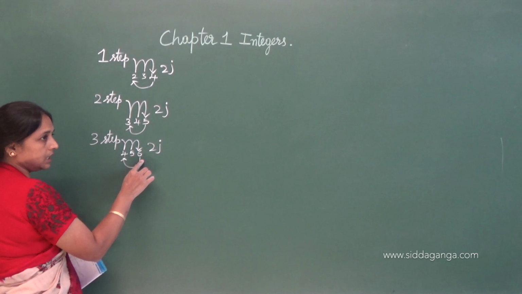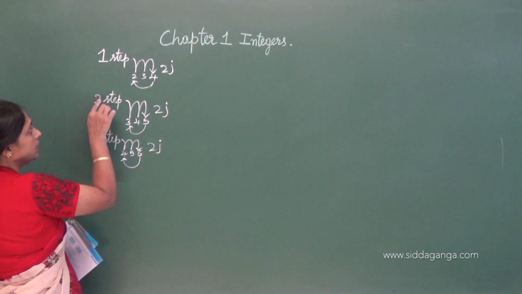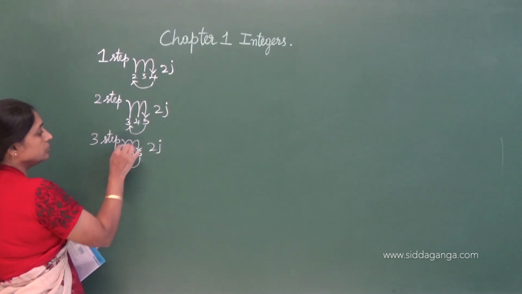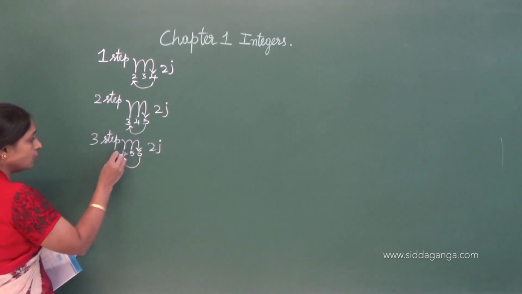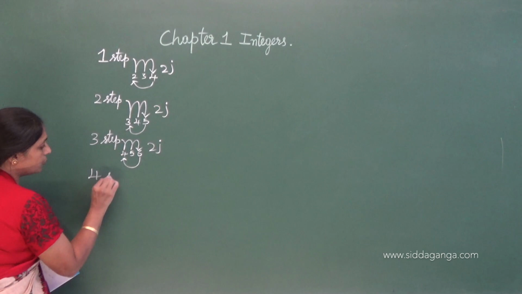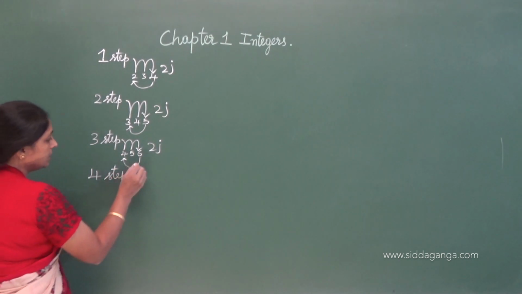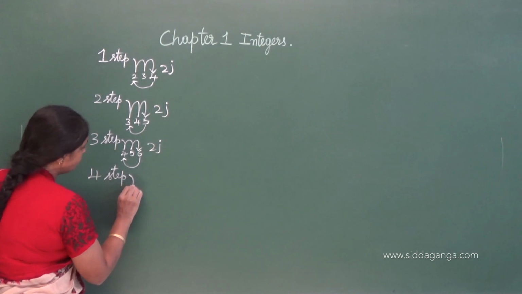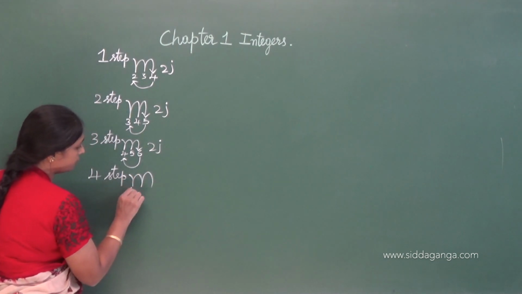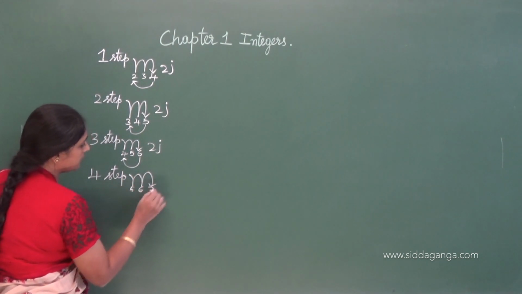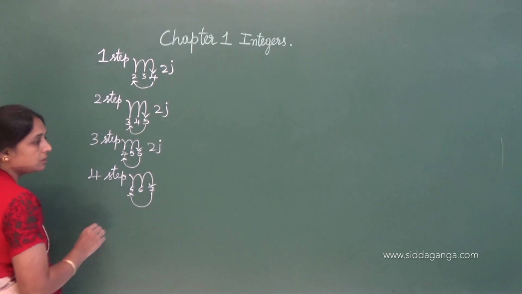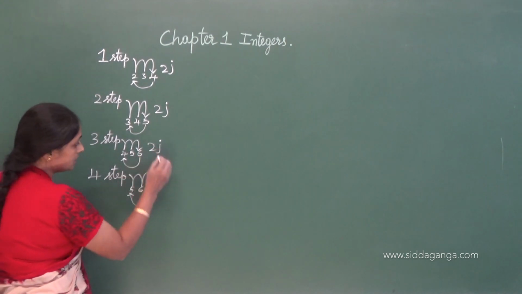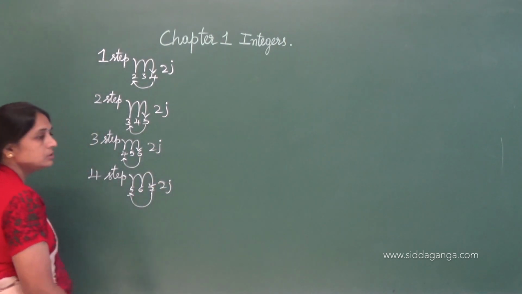So 2 to 5, 5 to 3, 3 to 6, 6 to 4. Now it is at the 4th step. Then again 3 steps, 5, 6, 7, and it comes to the 5th step. Here it takes 2 jumps.